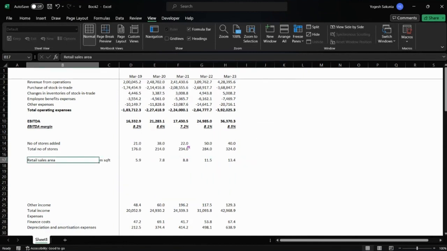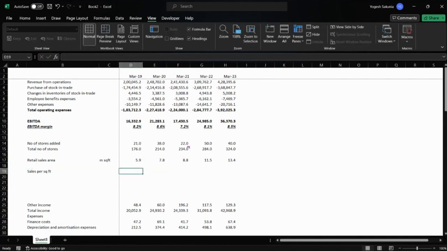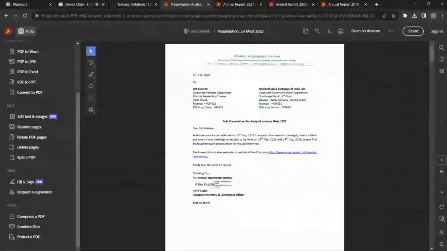So this is in millions now, and we can now calculate sales per square foot. This number could be slightly different from the company's reported numbers. We will also quickly look at the company's reported numbers.